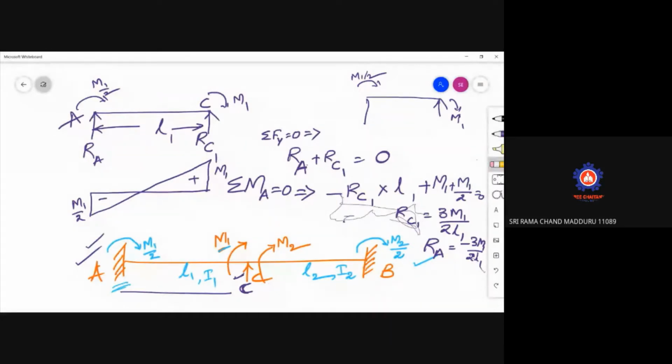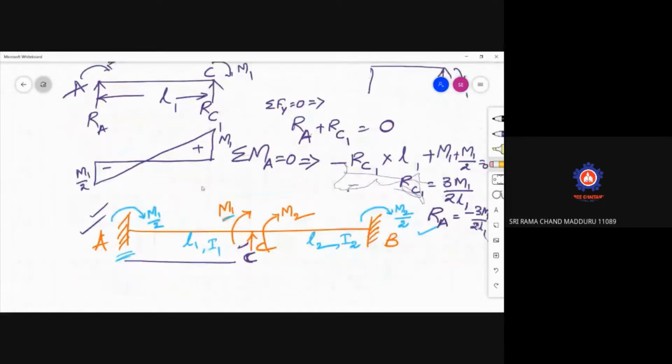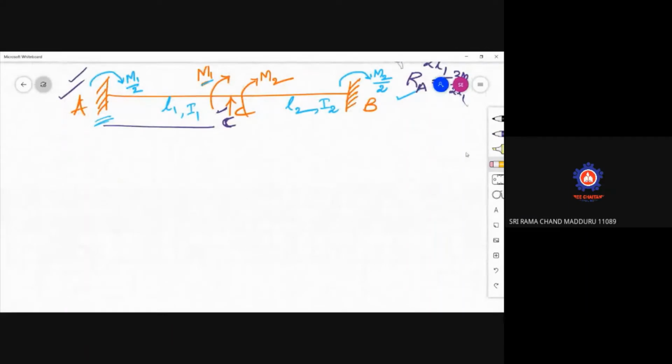Now I will erase this part and draw for the other beam. I will just move to the bottom. So for this part, I will draw the bending moment diagram.